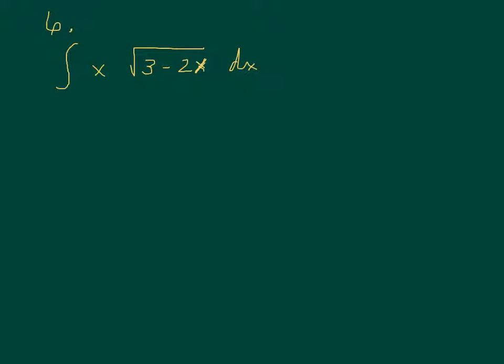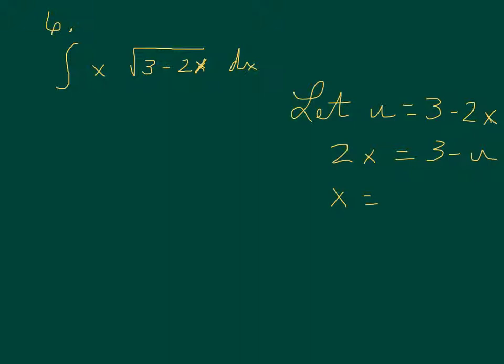So let's let u be equal to 3 minus 2x. If that is the case, then 2x would be equal to 3 minus u. So x would be equal to 1/2 times 3 minus u.